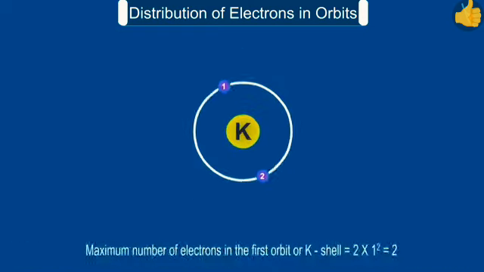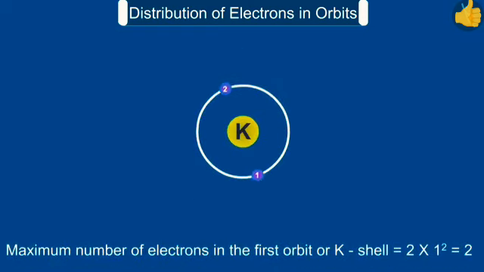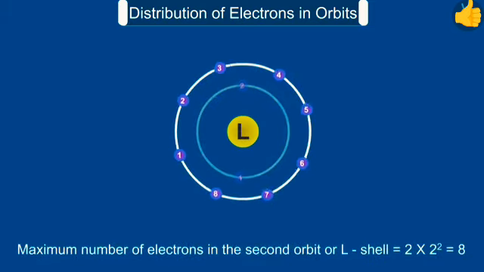Therefore, the maximum number of electrons in the first orbit or K shell is equal to 2 into 1 square, that is 2. In the second orbit or L shell is equal to 2 into 2 square, that is 8.